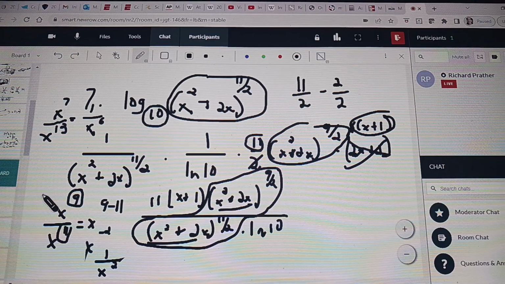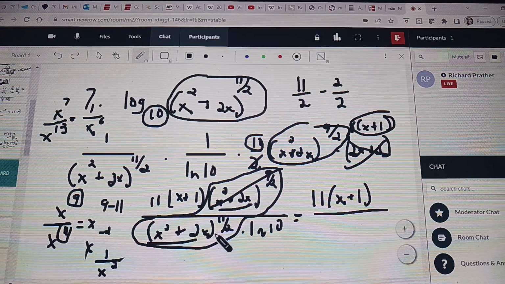And it can be 1 over x to the 6 in one step instead of 2 steps. So 9 halves minus 11 halves is negative 2 halves, or if I did it backwards, 11 halves minus 9 halves is positive 2 halves, which is the same thing as 1. And then it would be in the bottom because the bigger one's in the bottom right now.